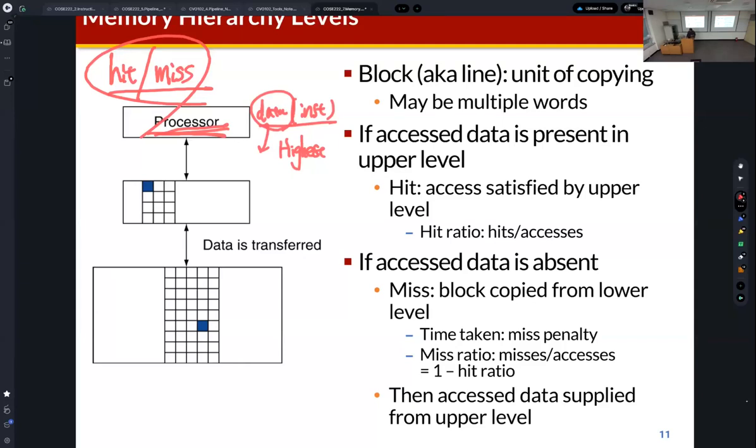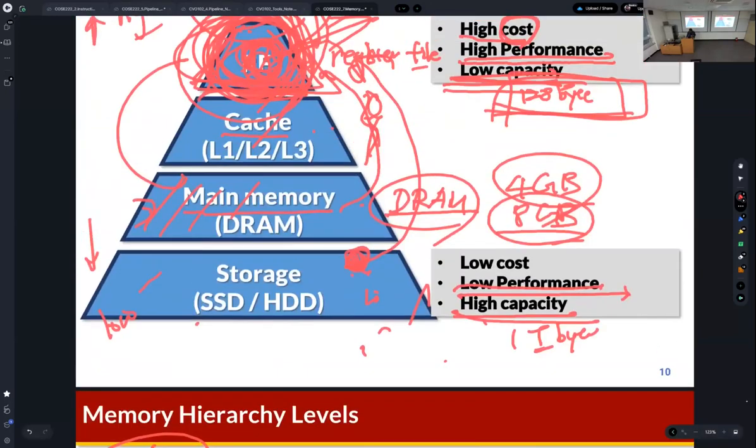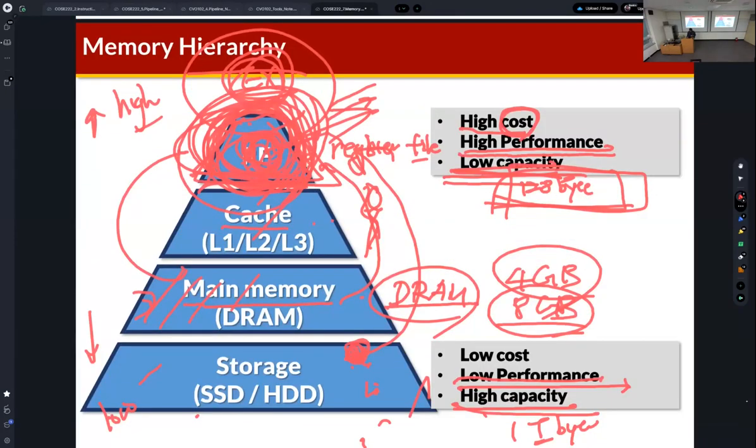Actually, the register file is a very special memory. For example, when a load instruction is executed, the highest level of this memory is the level 1 cache.